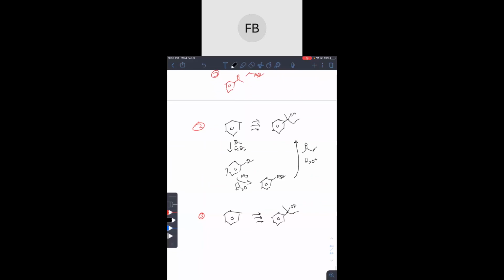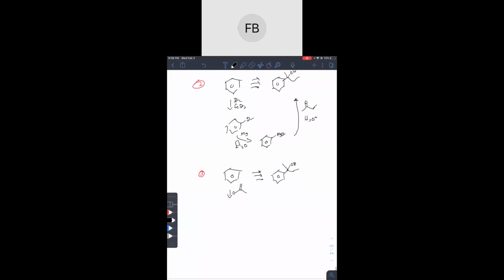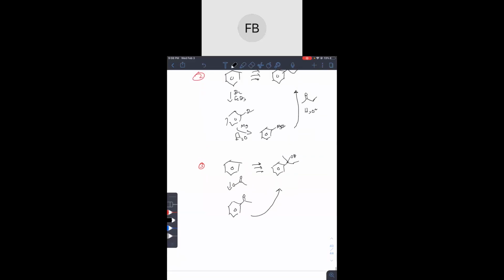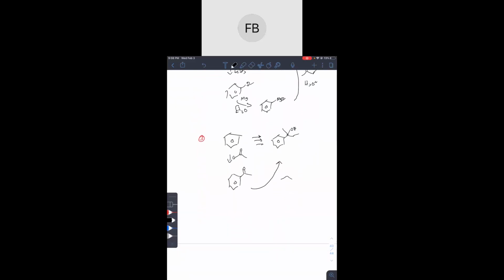So for this last step, we're just going to do acylation again, but this time we're only going to acylate 2 carbons on. So that becomes this. Then we're going to react this with MgBr.